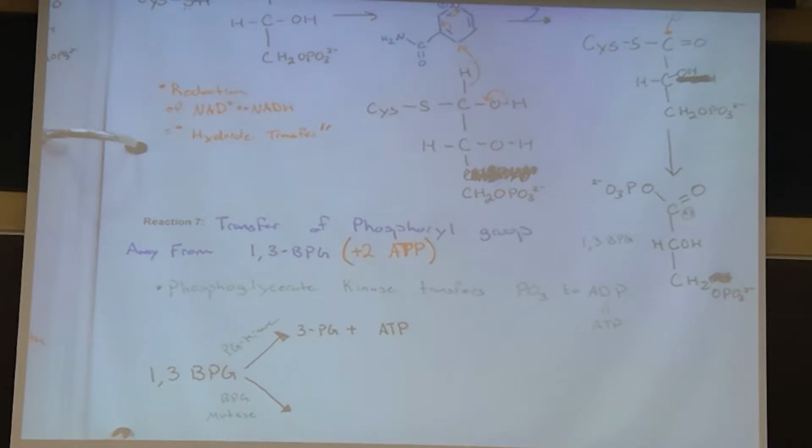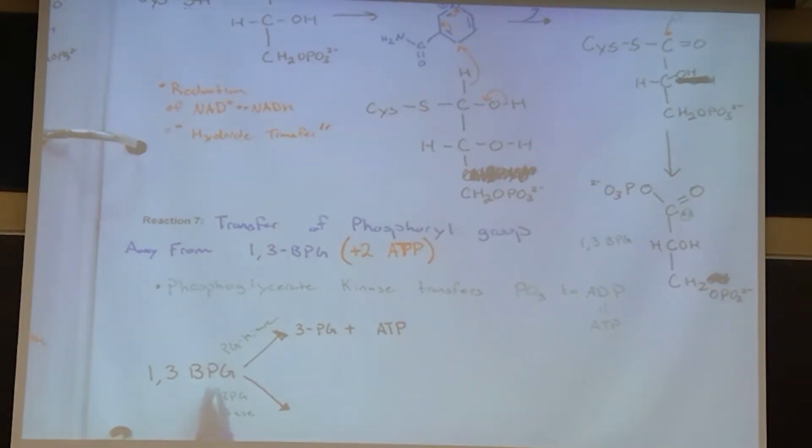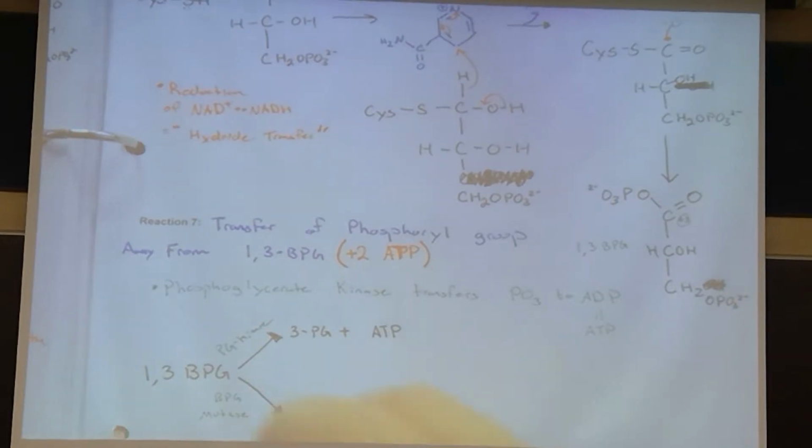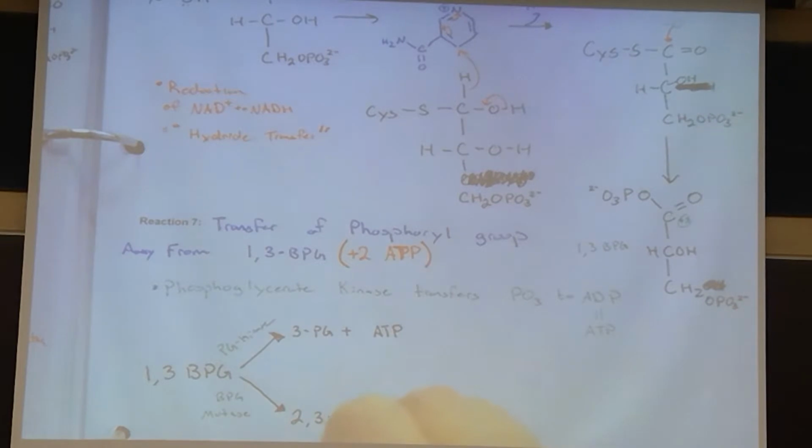Because it is a mutase reaction, which is a specific movement of a functional group inside of a molecule. So if we're going to move one of our phosphates, specifically, we're going to move phosphate 1 in the first position to the second position. At this point, we would be left with 2,3-BPG.